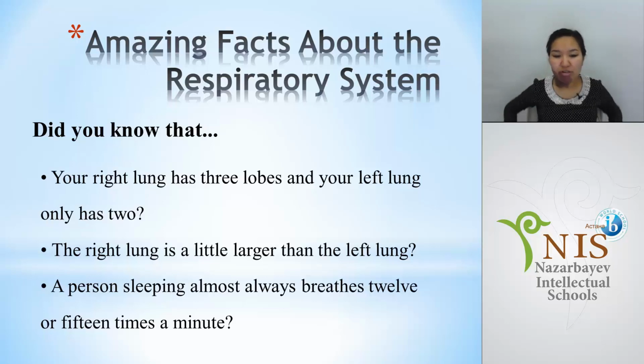And third one: a sleeping person almost always breathes 12 or 15 times in a minute. These are interesting facts for the students. They can help to motivate the students, like a motivation part of our lesson.